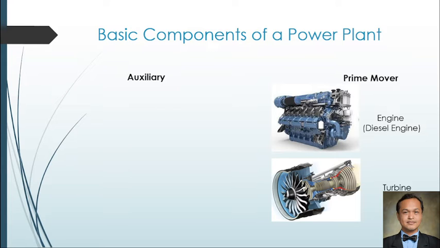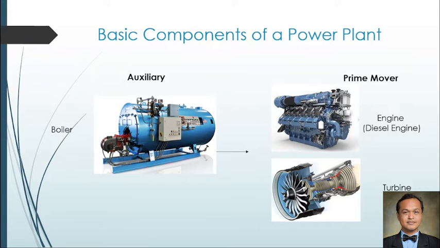Some of the auxiliaries include the boiler. The boiler is part of the auxiliary. A boiler can be used in a diesel power plant. I have already seen a boiler system in a diesel power plant.